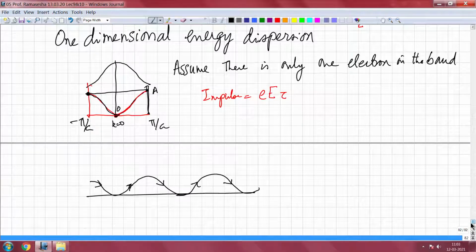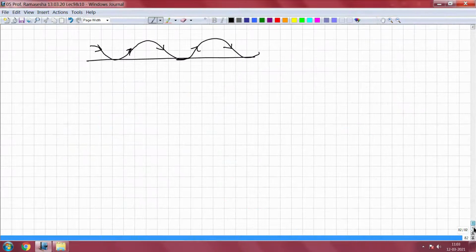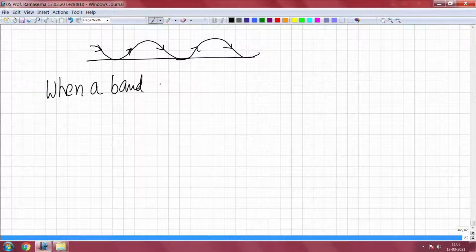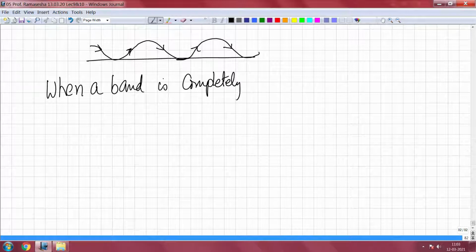Well, what happens when we have a band that is completely filled? When a band is completely filled, we have the following situation.